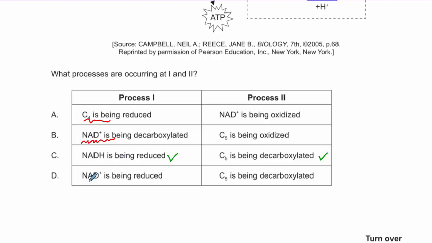So just control with E. It says that NAD plus is being reduced. Yes, it was. And in process 2, C5 is being decarboxylated. So yeah, here I actually said wrong, so sorry about this. NADH is of course not being reduced in process 1.